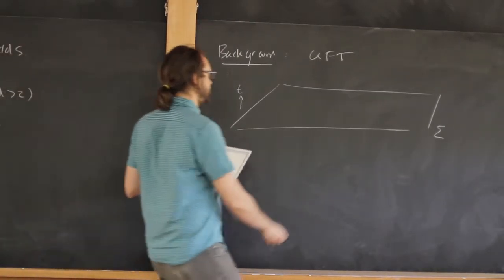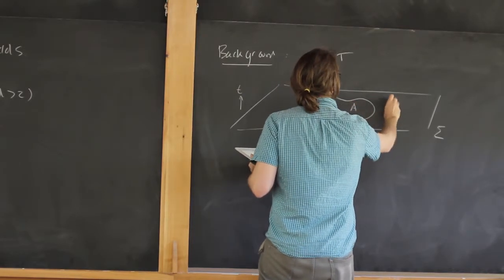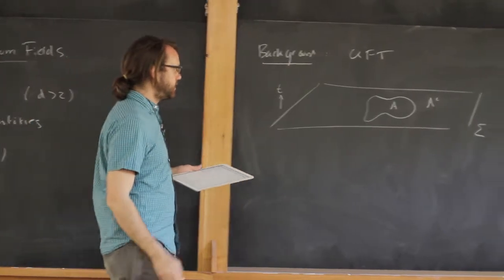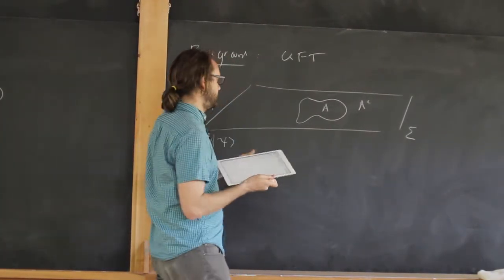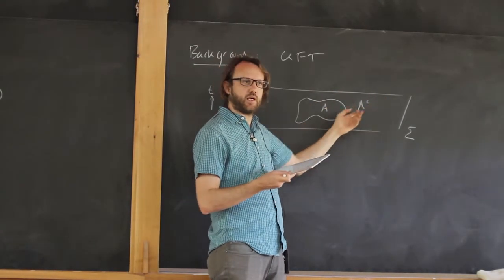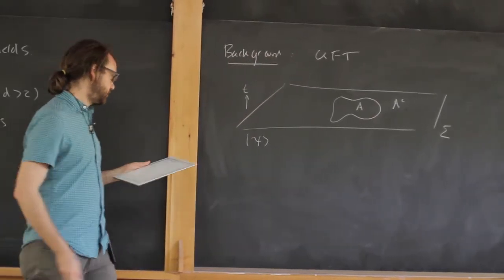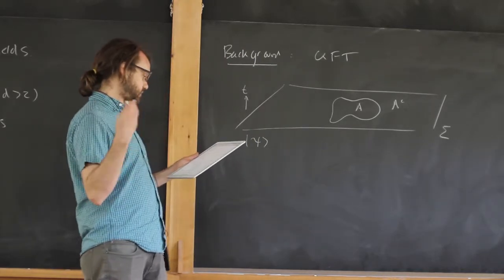Then we're interested in splitting this Cauchy slice in some way, so we have some region and its complement. We take some state, and we're interested in something which measures the correlations in that state between A and the complement. One way to approach this problem is just to make some assumptions.